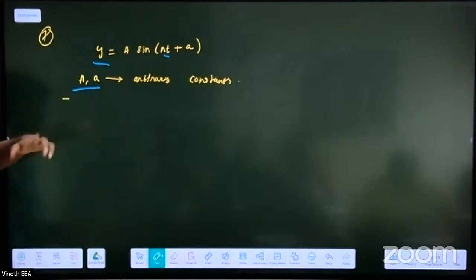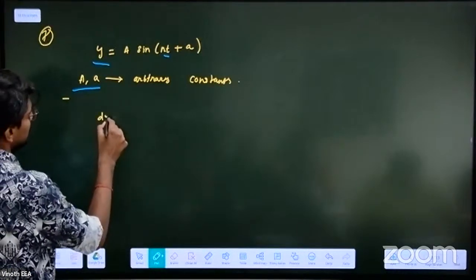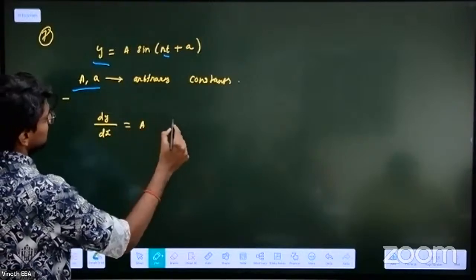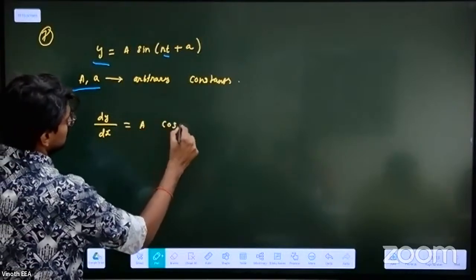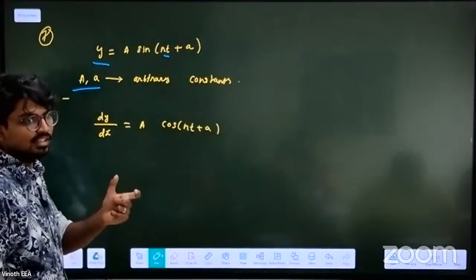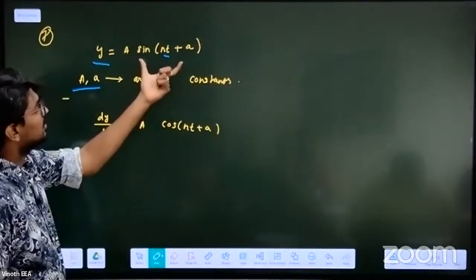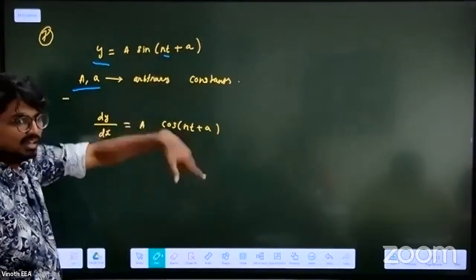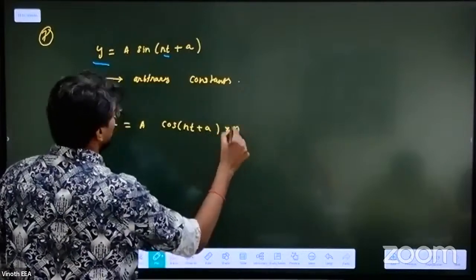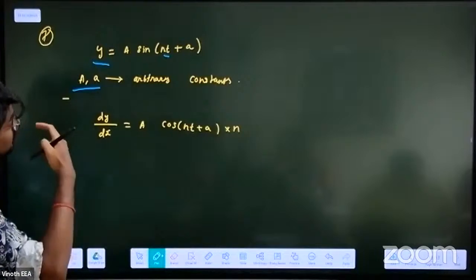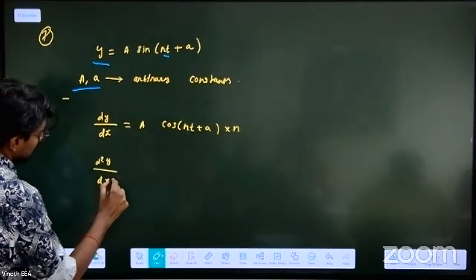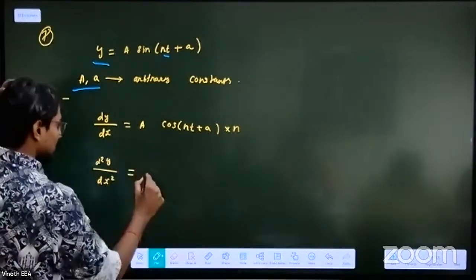Differentiate one time: dy by dt is A, a constant, and the differentiation of sin is cos(nt plus a). After that, the chain rule: after differentiating sin, I need to differentiate the inside term and multiply, so the inside term's differentiation is n.